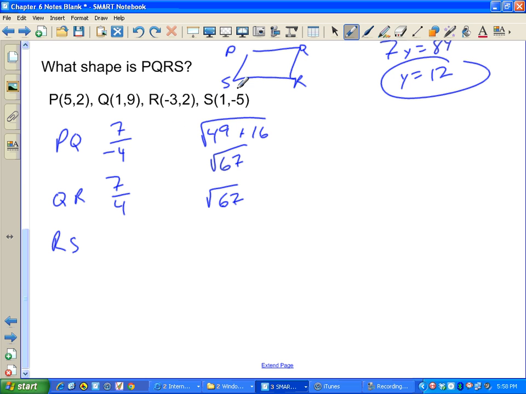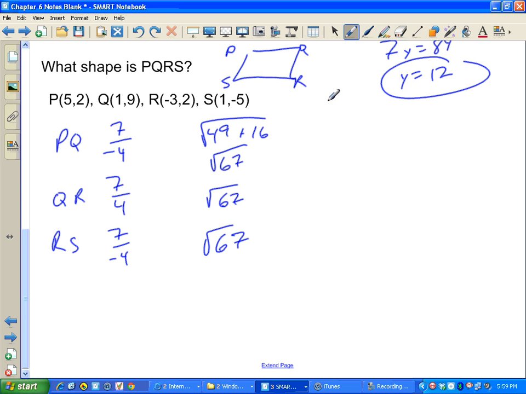So let's do RS, slope. 2 minus negative 5 is 7, and negative 3 minus 1 is negative 4. So now I know that these are parallel. Let's do distance. I'm going to get the same thing, square root of 67. So at this point I do know that it's a parallelogram, because I've got one set of opposite sides that are both parallel and congruent.